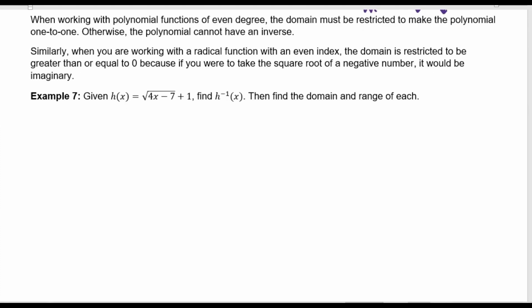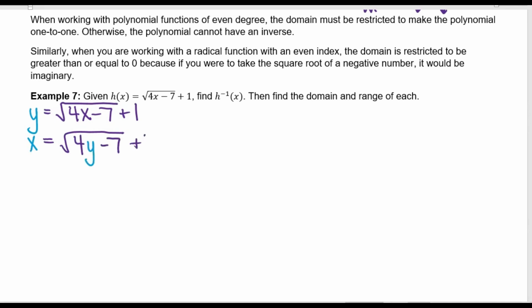So our first step, we're going to replace our function notation h of x with y. So we have y is equal to the square root of 4x minus 7 plus 1. Second step, we are going to switch x and y. So we have x is equal to the square root of 4y minus 7 plus 1.